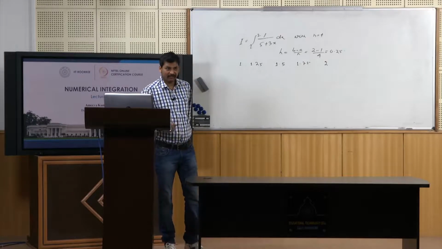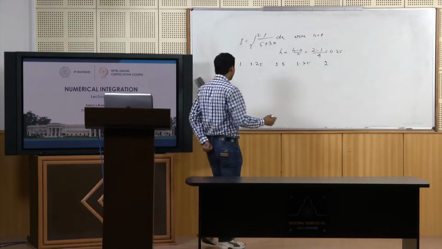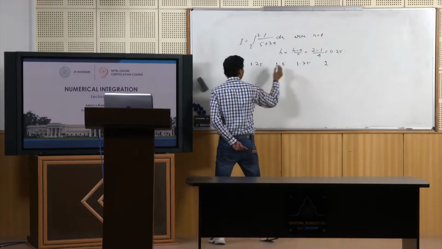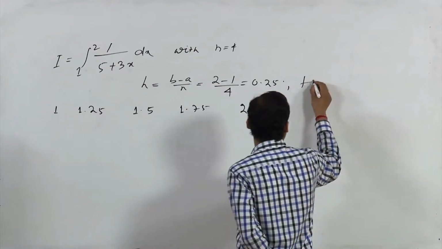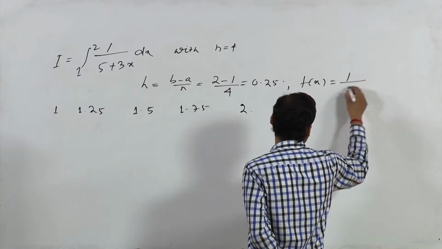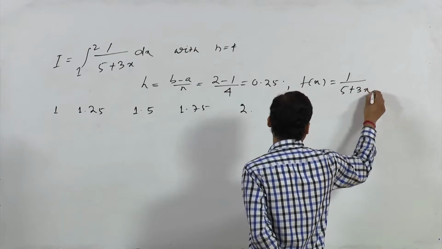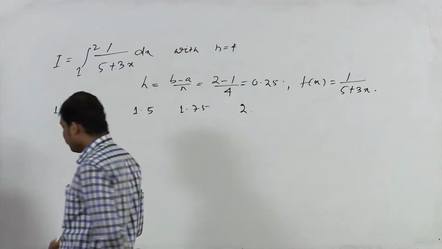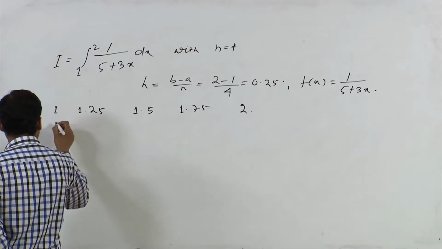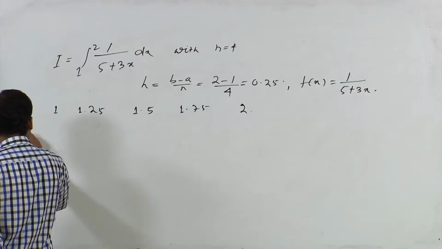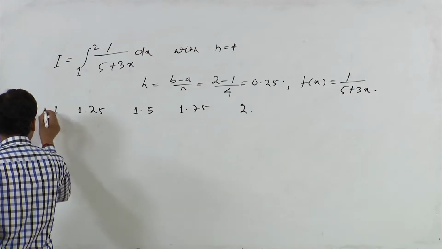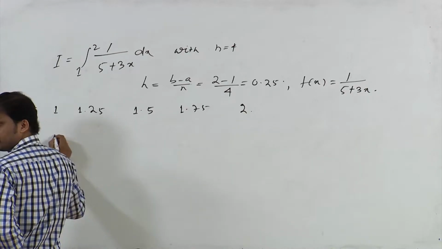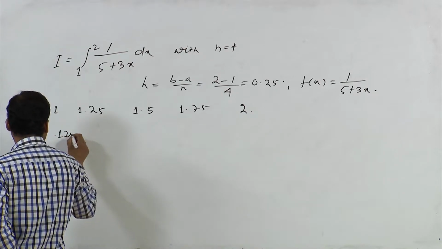And the corresponding f values: f(x) is given as 1 by (5 plus 3x). For x equals 1, we get f(x) as 0.125.